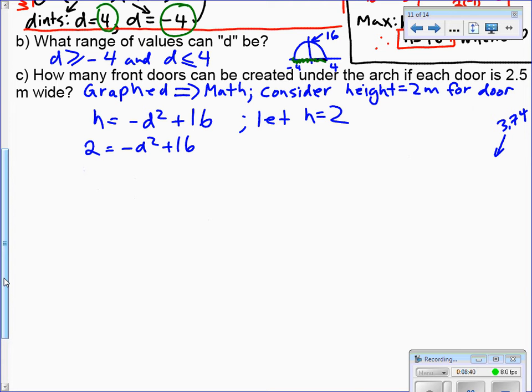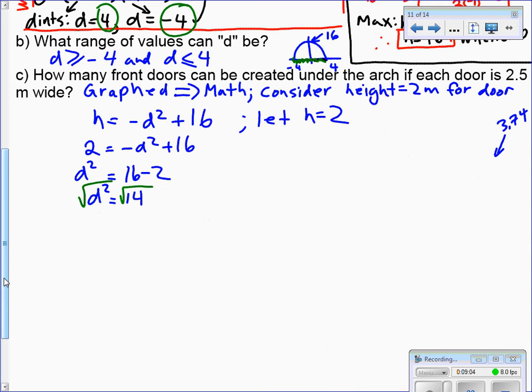If it was 0, you could have done that for the first problem as well. So you bring the d squared over to the left side. Now you get d squared equals 16 minus 2, which gives d squared equals 14. Now, we're going to remove the d squared by square rooting it, and by doing so, we also have to square root the other side.